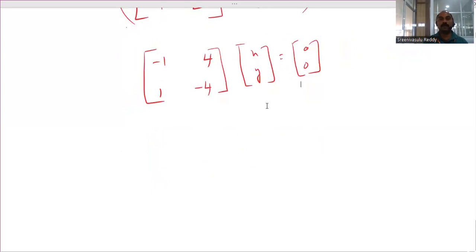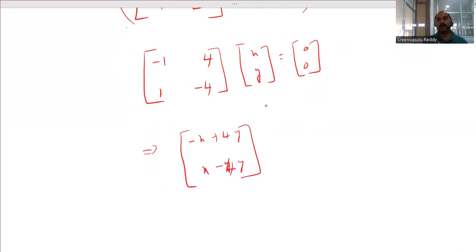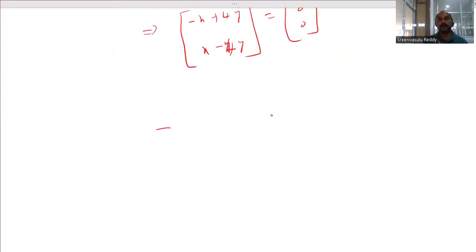Now we equate the two matrices. First multiply the matrix on the left hand side, we get minus x plus 4y, second row 2x minus 8y, equal to 0, 0. That implies minus x plus 4y equal to 0, x minus 4y equal to 0.